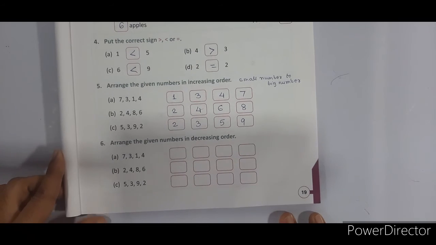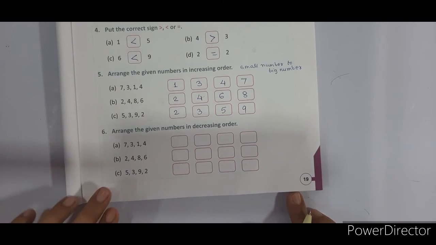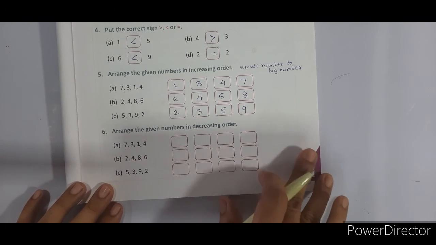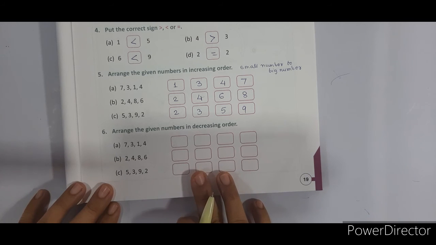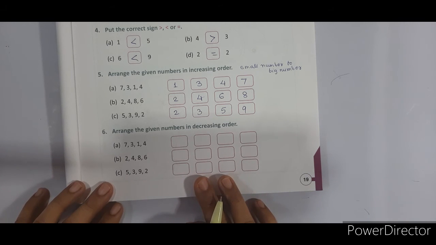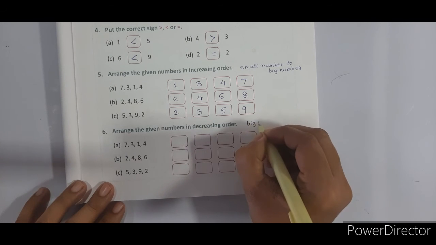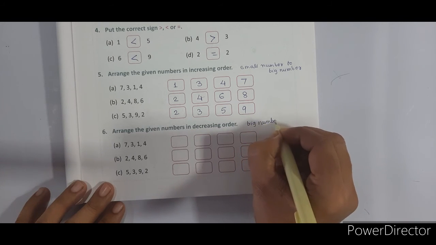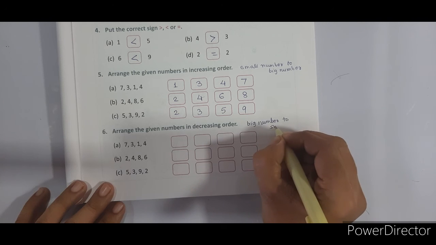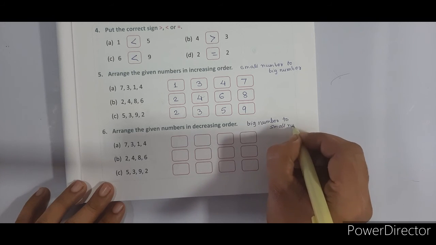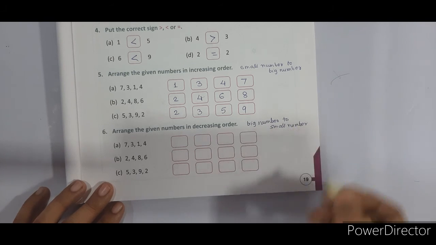Then here the last exercise is you are going to write the decreasing order. Decreasing means from big number to small number. Okay, big number to small number.